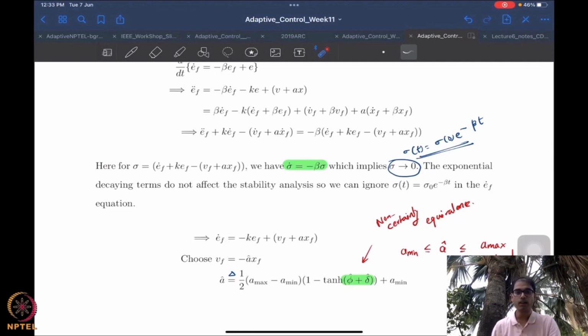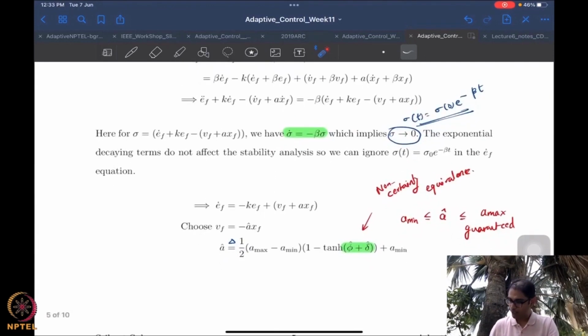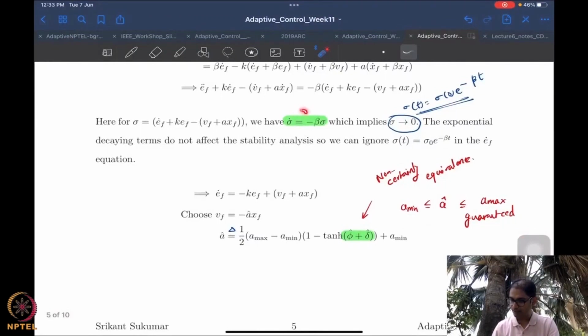Because we know that this is an exponential decay, that is sigma is equal to some sigma 0 e to the power minus beta t, instead of looking at this exponential decay term, which is well known in stability analysis to be not of any impact, we simply and directly put sigma equal to 0. And if you put sigma equal to 0, this is the dynamics that we get for EF dot.